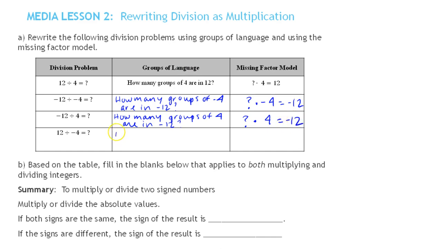And finally, how many groups of negative 4 are in 12. And translating to multiplication, how many groups is our question mark, times negative 4, is equal to positive 12.